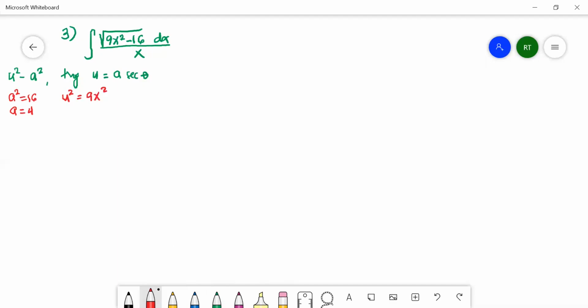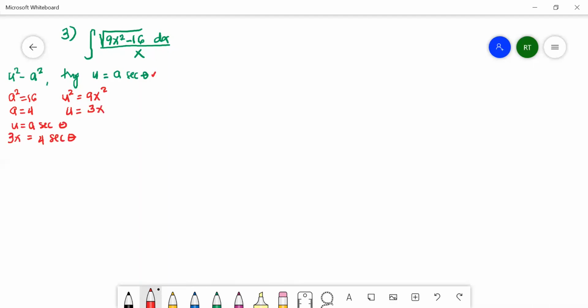Get the square root of both sides, u is equal to 3x. Now, since we will do the substitution u is equal to a secant of theta, and u is 3x, then 3x is equal to 4 secant of theta.